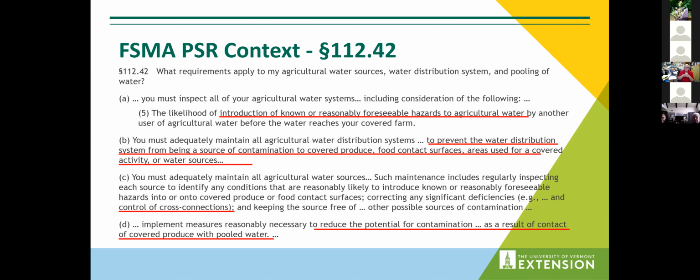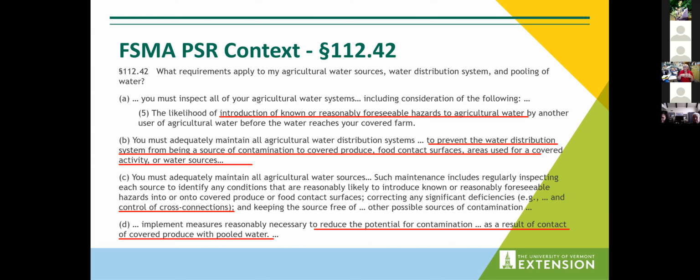So A, the likelihood of introduction of known or reasonably foreseeable hazards in water systems from someone above you. And this really relates to before the water reaches your farm. This really relates to, again, surface water. If you're pulling water from a stream or a river, what happens above you?